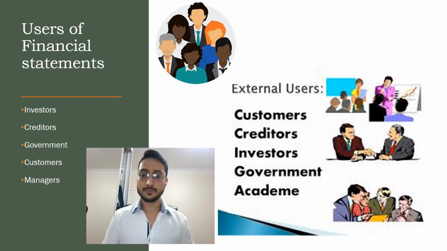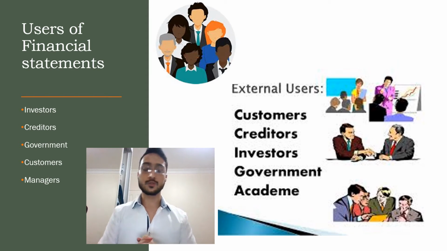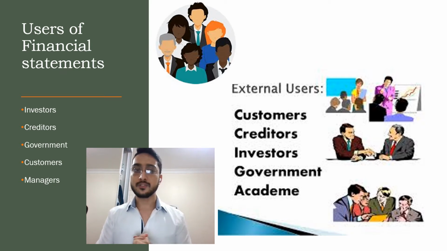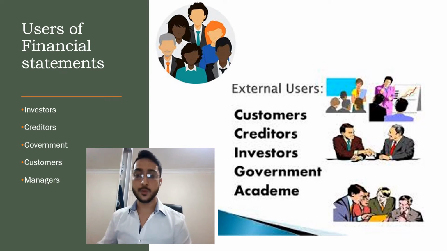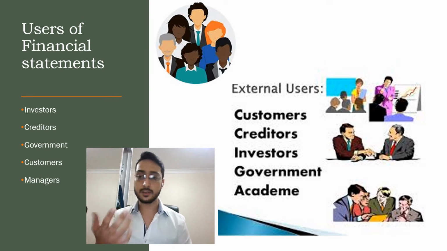So the financial statement is provided to the users of financial statements. So who are the users of financial statements? There are various types of users, but some of them are investors, potential investors, creditors, government bodies, customers, staff members, managers, internal suppliers, the public as a whole, and also the employees, because the employees give us an idea about how our performance is going on in terms of a weekly, monthly or yearly basis.